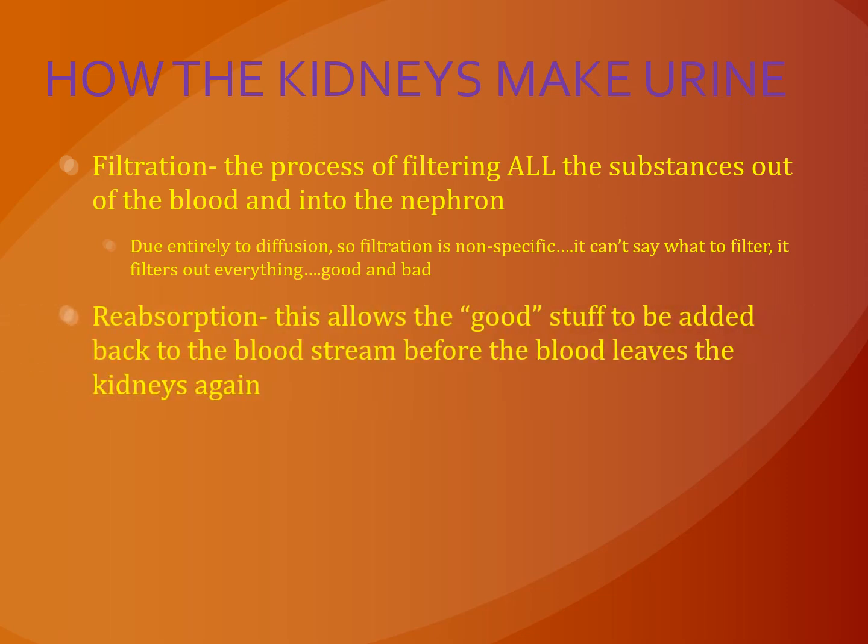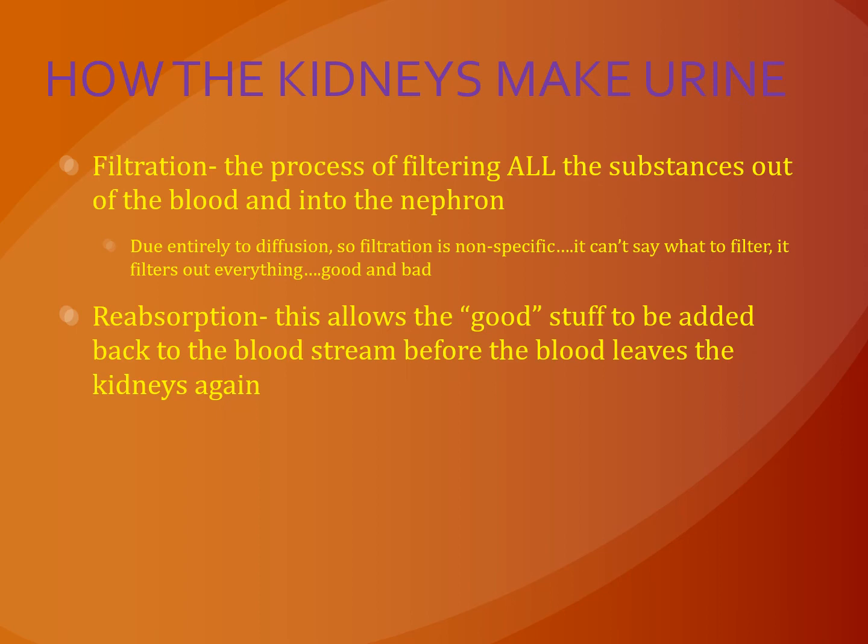Then we're going to go into reabsorption. And reabsorption is controlled entirely by hormones. And I'm going to talk about that here in just a second. But reabsorption tends to happen in the PCT, the proximal convoluted tubule, and the descending loop of Henle. And reabsorption, this is how our body is going to put the nutrients that just got vacuumed up back into our bloodstream.